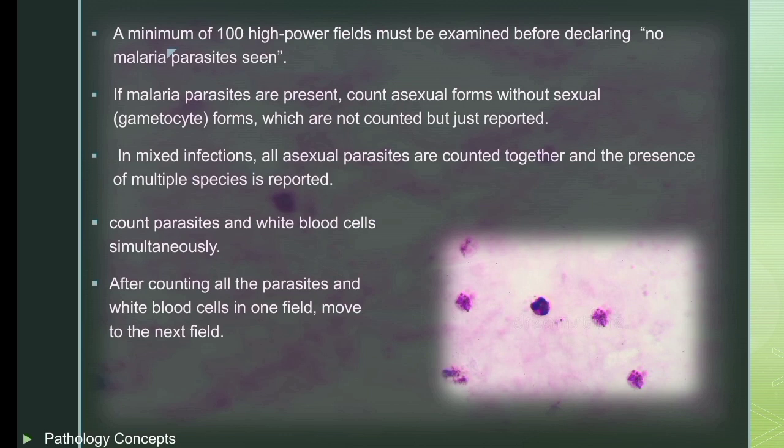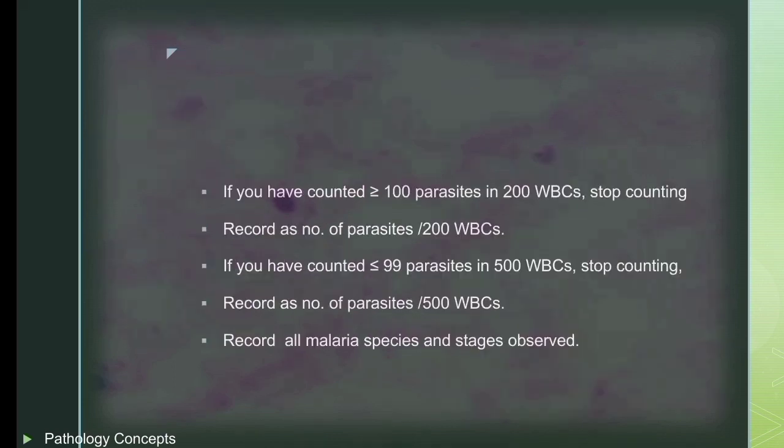Count parasites and WBCs simultaneously. After counting all parasites and WBCs in one field, move to the next, following the pattern. If you have counted more than 100 parasites in 200 WBCs, stop counting and record the result as the number of parasites per 200 WBCs.